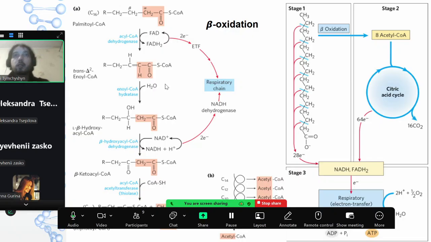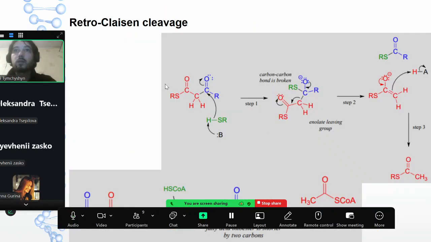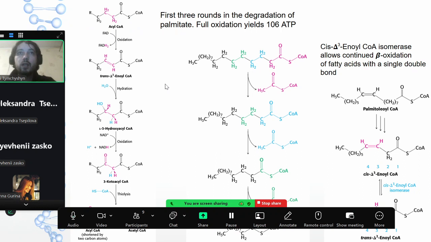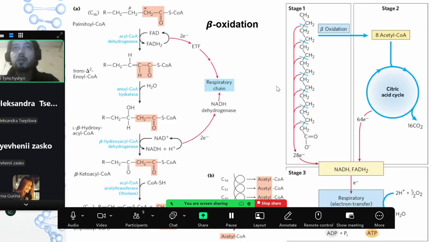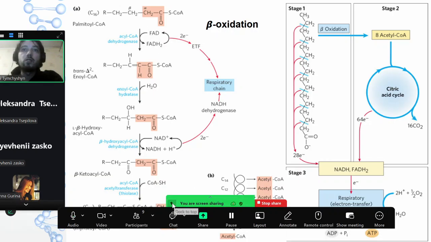First of all, the acyl-CoA dehydrogenase. Dehydrogenase means that it removes some hydrogens somewhere. It uses as a cofactor FAD, flavin adenine dinucleotide.